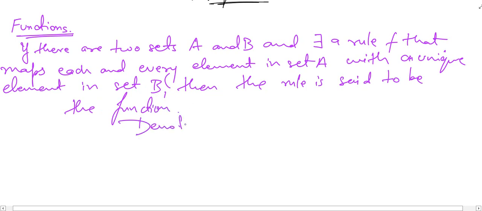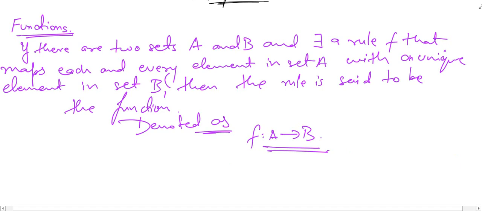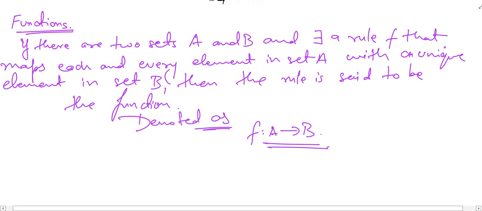Denoted as f: A to B. This is the basic but actual definition of a function.